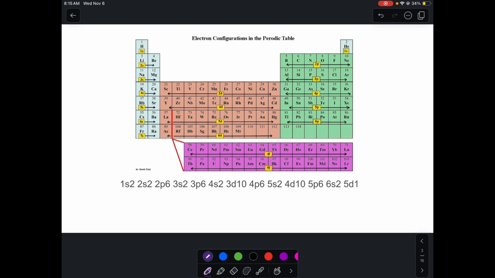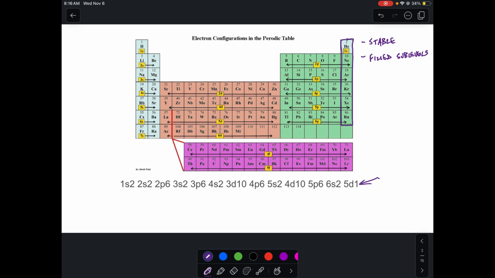So here we have lanthanum again down here at the bottom. What we're going to do is use the noble gas configuration. So here are our noble gases. They are noble because they are stable. They don't react, okay? The reason they don't react is because they have filled sublevels.